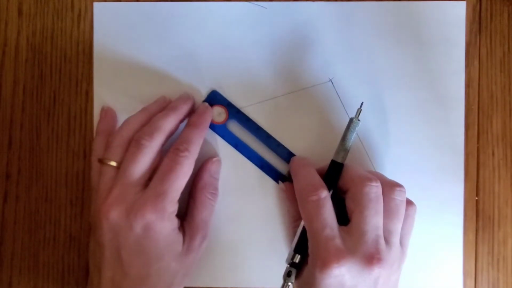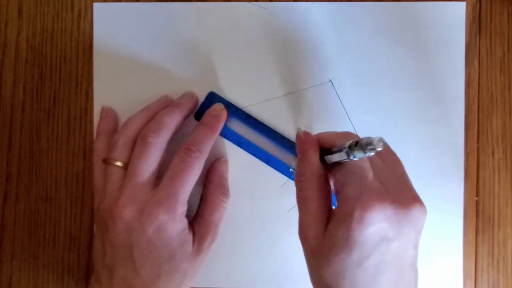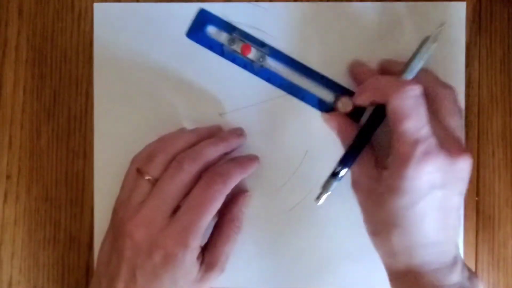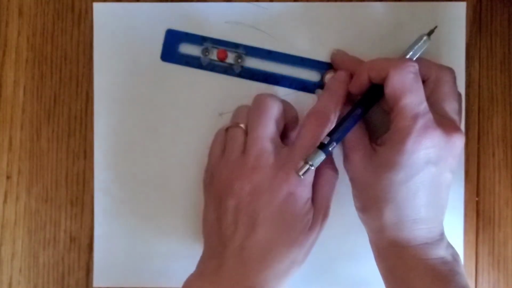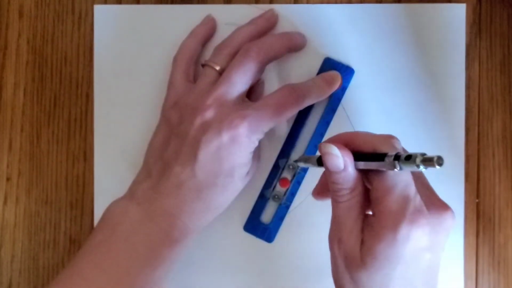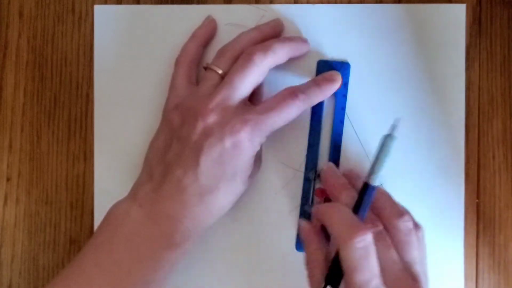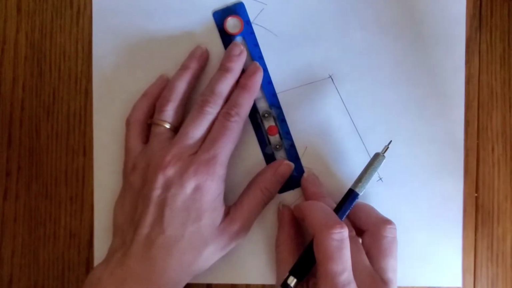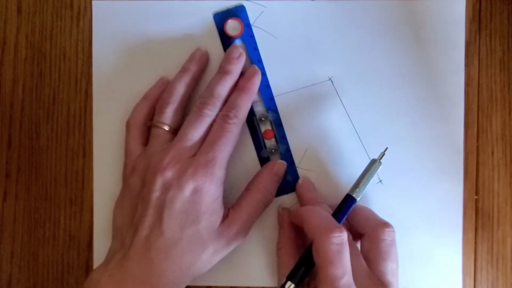I'm going to draw a smaller radius. And where these perpendicular bisectors intersect will give me the center of my arc.